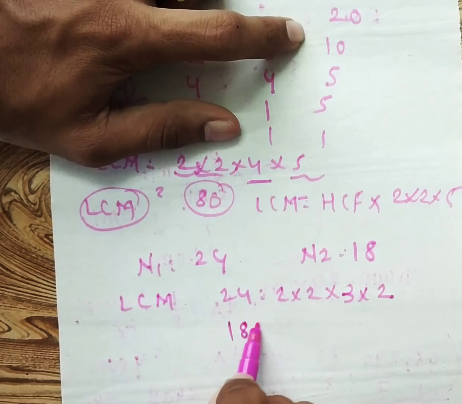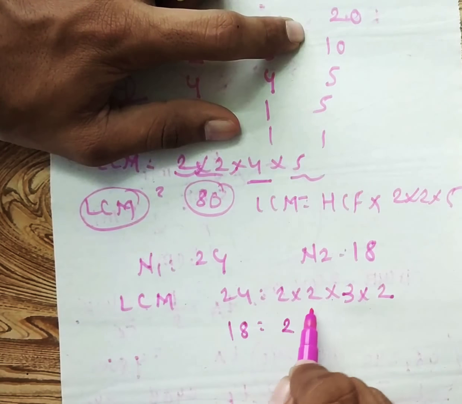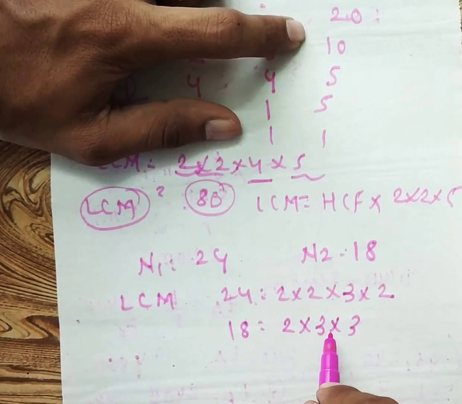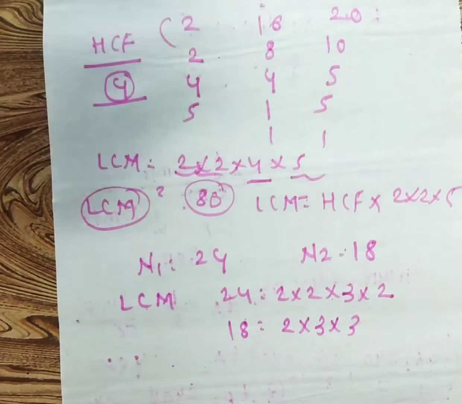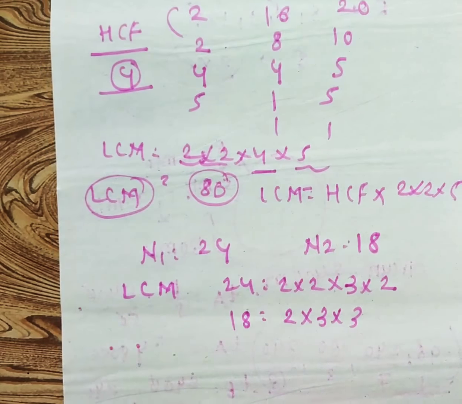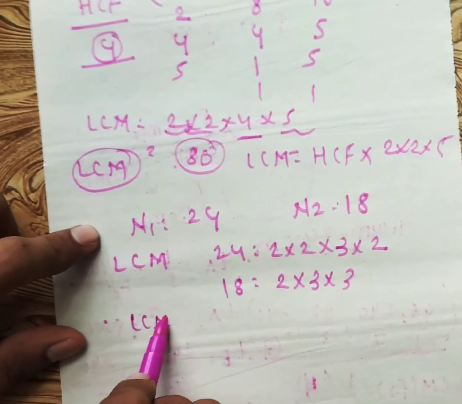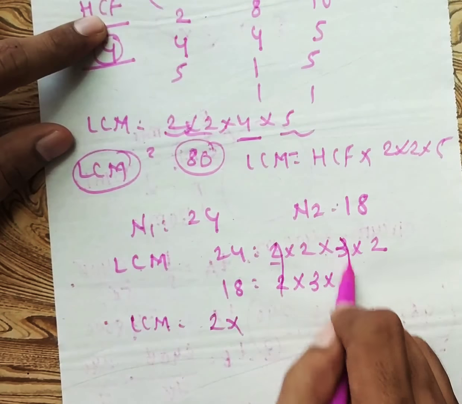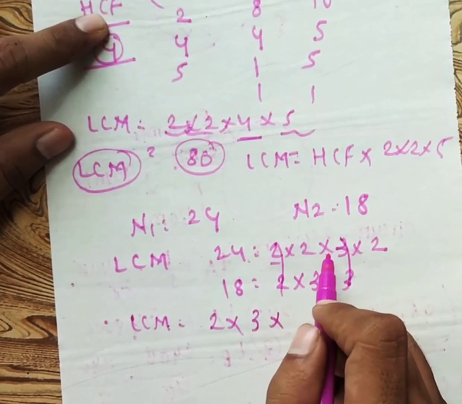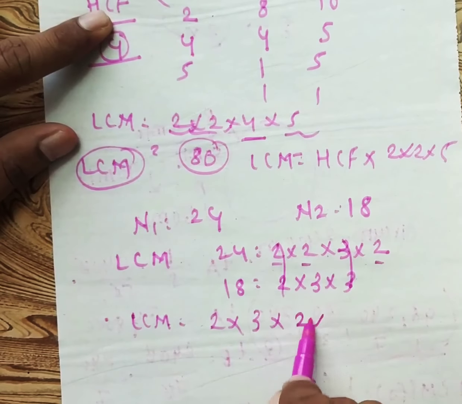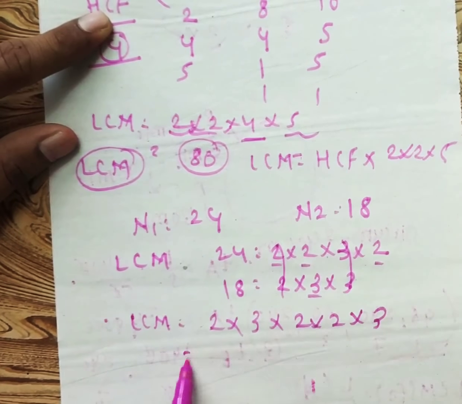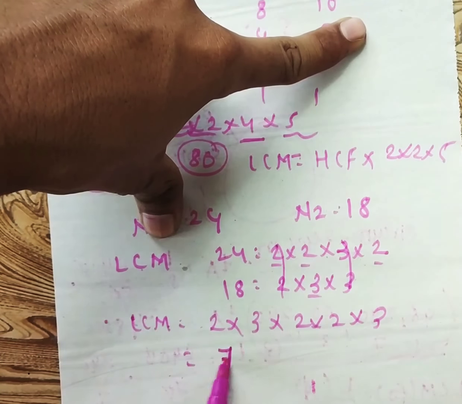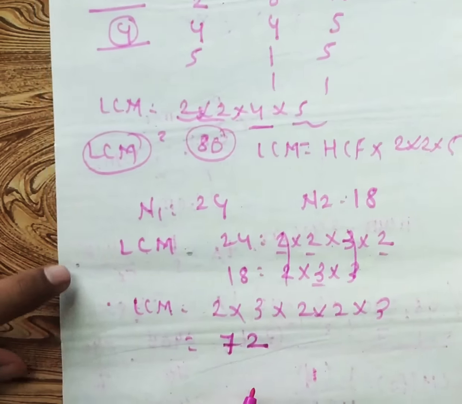For 18: 2 into 3 into 3; 2 threes are 6, 3 sixes are 18. So for the LCM, these are common, so take 2, again 3 common, take 3, then take the uncommon factors, 2 into 2 and 3. So 2 threes are 6, 2 sixes are 12, 2 twelves are 24, 3 twenty-fours are 72. So 72 is the LCM of 24 and 18.